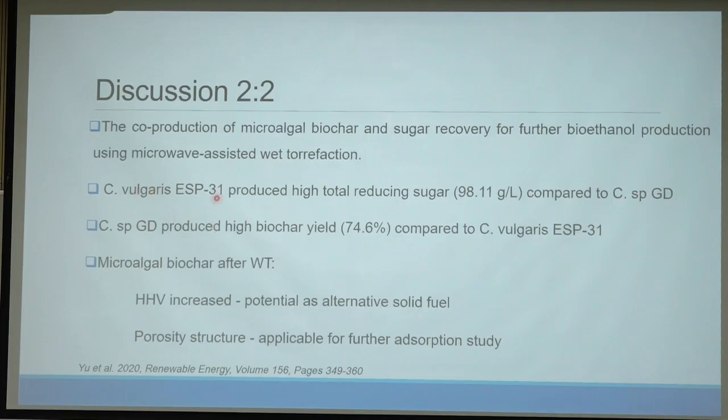Then the Chlorella ESP 31 has the highest total reducing sugar, up to 98 grams per liter, compared to another species. However, the other species has the higher biochar yield, up to 74%, compared to Chlorella ESP.